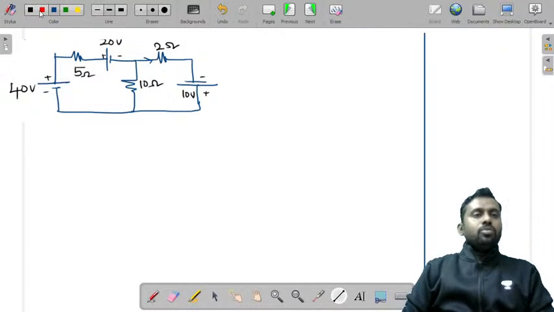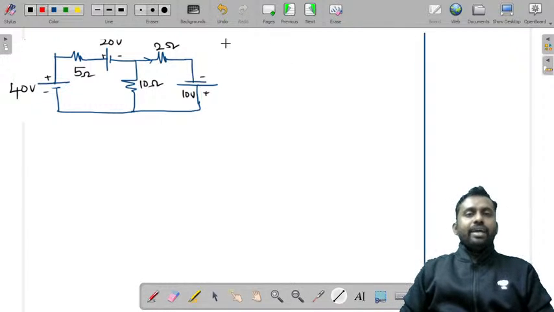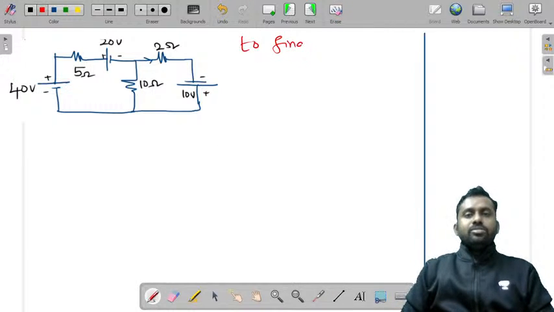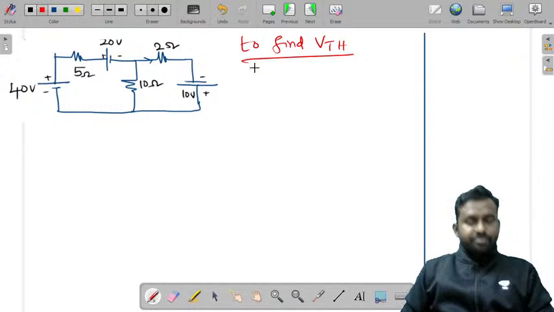Now let me take this circuit like this. This circuit, I'll redraw it. Now I'm going to find VTH, Thevenin's voltage. So to find VTH, you need to remove this load first and mark these terminals as A and B and find the voltage across that.